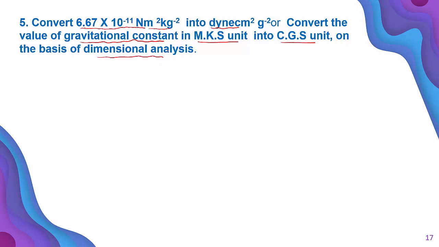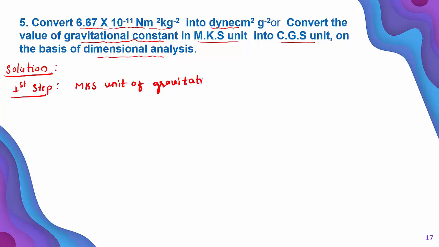The question will be like this. Either they can ask to convert MKS unit of gravitational constant into CGS unit or convert 6.67 into 10 raised to minus 11 Newton meter square per kg square into dyne centimeter square per gram square. Either they can ask their numerical values or directly they will ask the gravitational constant.